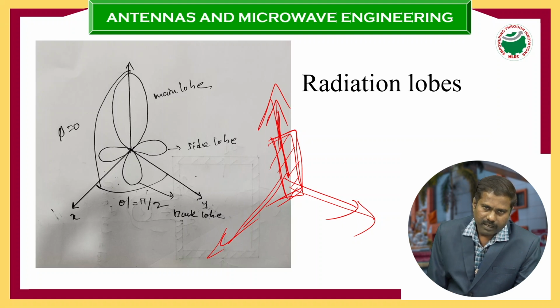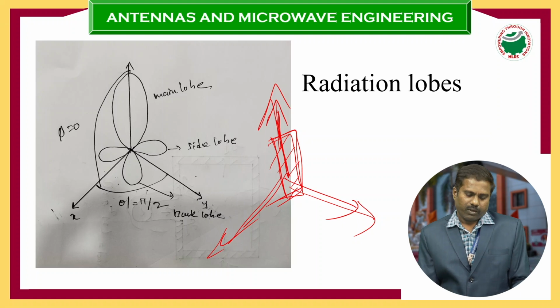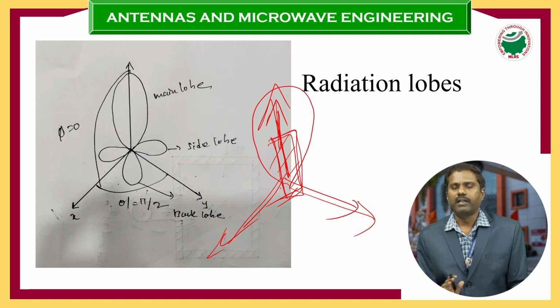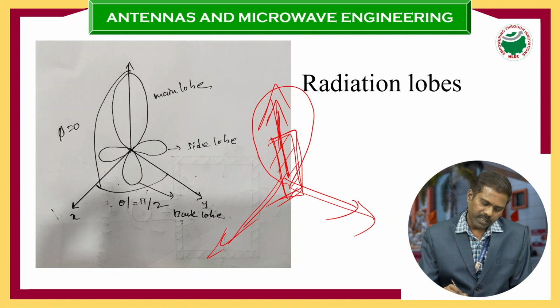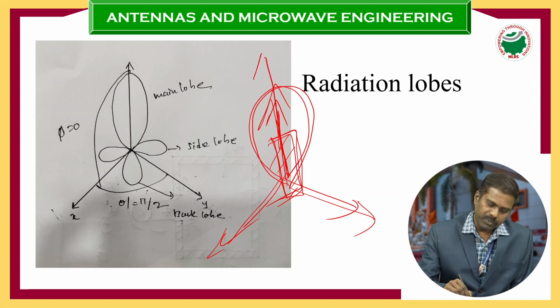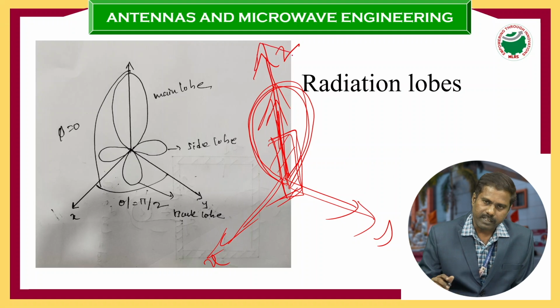Any small radiator or small element will radiate in all directions. But when one antenna radiates maximum radiation towards a particular direction, suppose it is the z direction, with x and y, here the maximum radiation is transmitted towards the z direction.